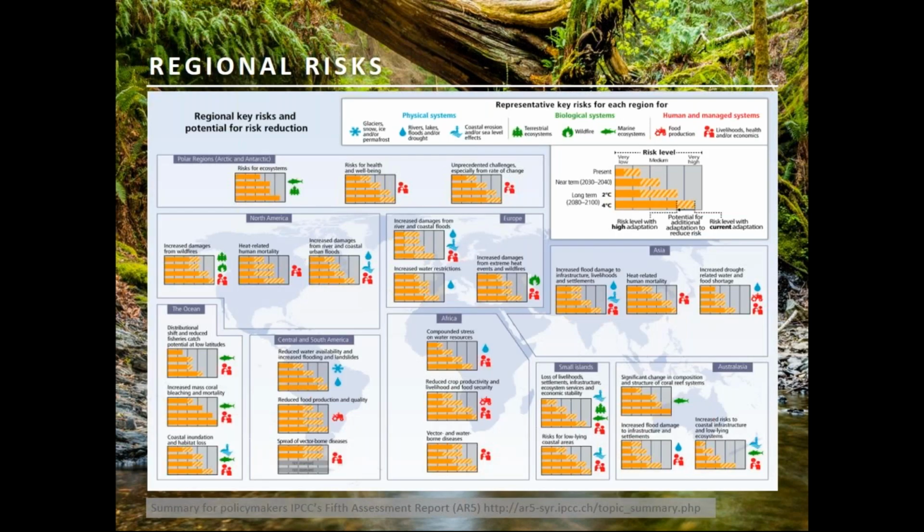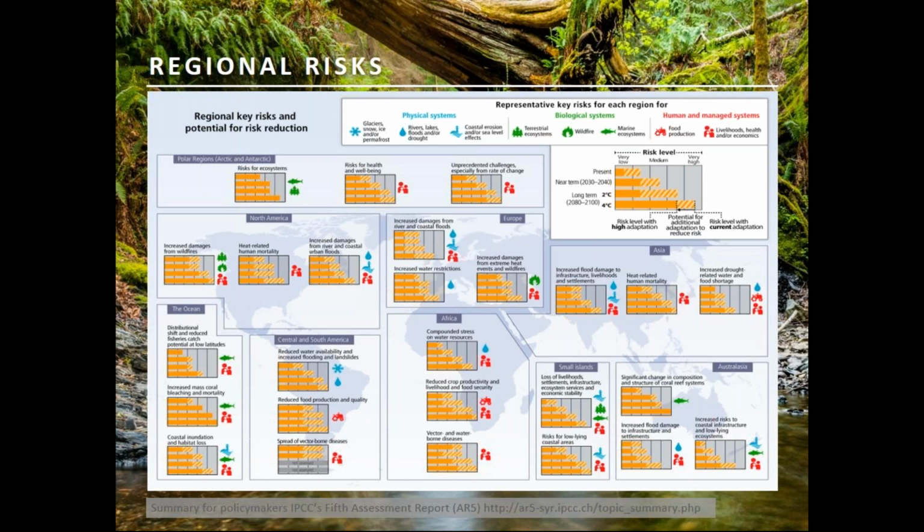But also, we can expect regional risks and identify them through the planet. In North America, increased damages from wildfires. California is one of the best examples, but also in Mexico, we have huge examples of increased and stronger wildfires all around that obviously affect protected areas.